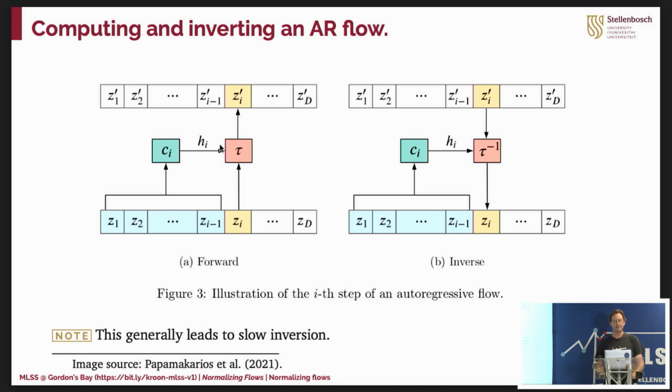In that case, I will have to work out these elements one by one. So the forward pass will be slow; I'll have to do them in series. But a nice side effect of that is that the inverse is going to be able to be done in parallel. So this means that we're going to have a slow training phase, but when we're finished, we can do sampling very efficiently. Okay, so that's called inverse autoregressive flow.